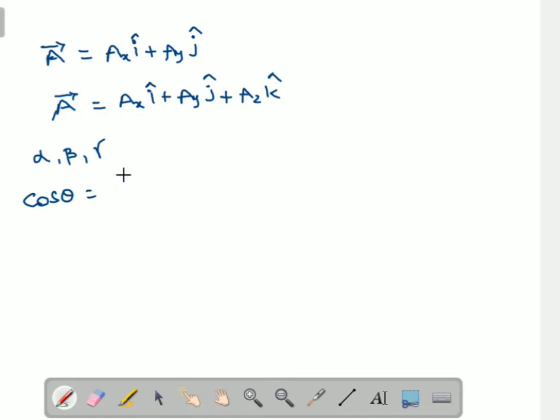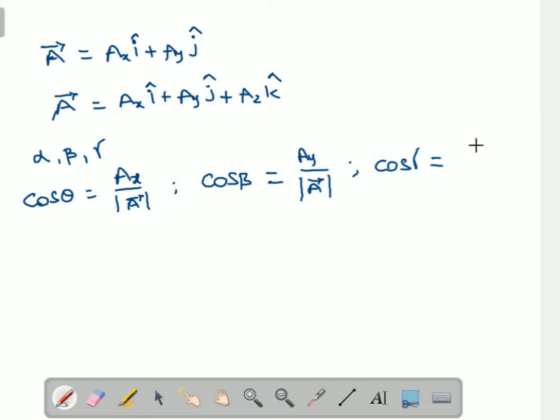previously we wrote the adjacent component as vx. Here our adjacent component is ax by the magnitude of A, so cos alpha is magnitude of ax by magnitude of A. In the same way, cos beta is ay by the magnitude of A bar, and cos gamma is az by the magnitude of the A bar vector.